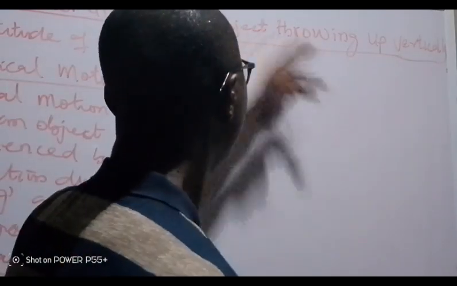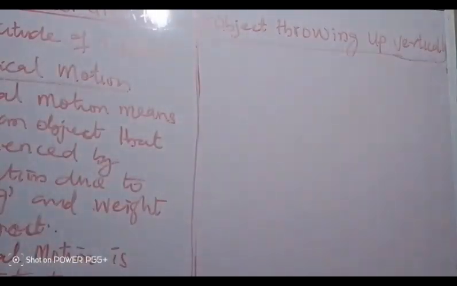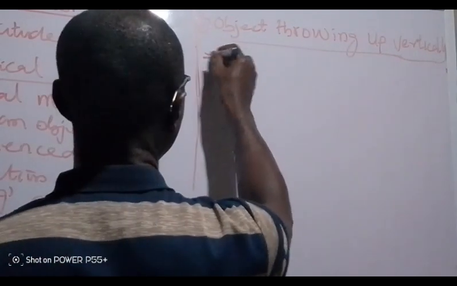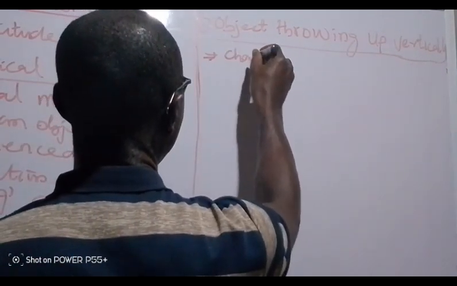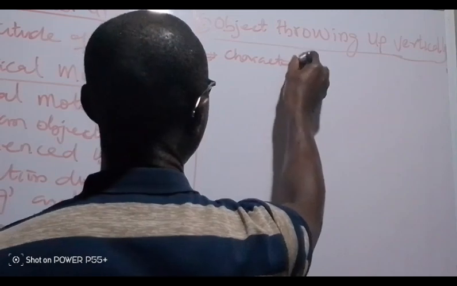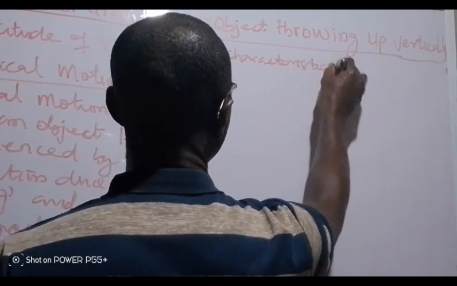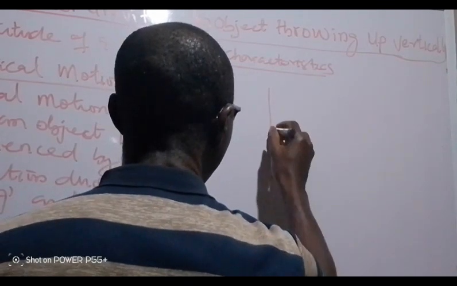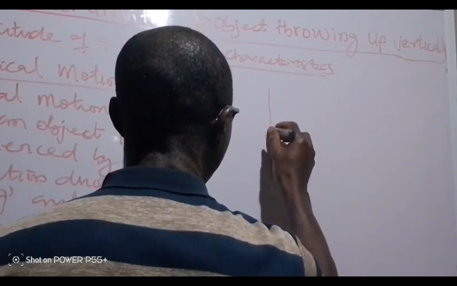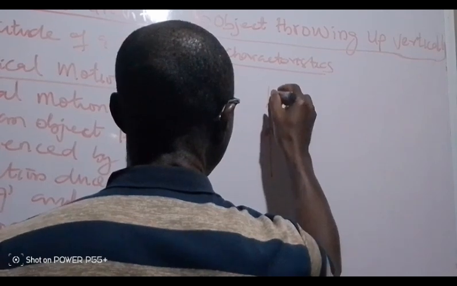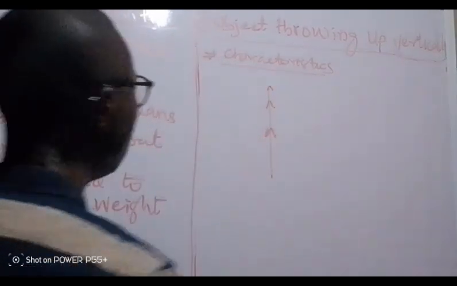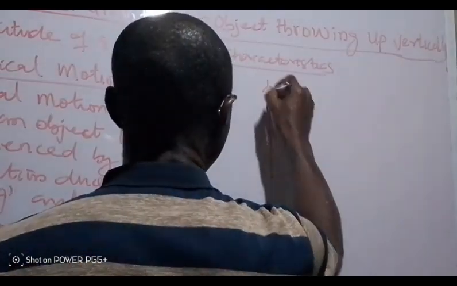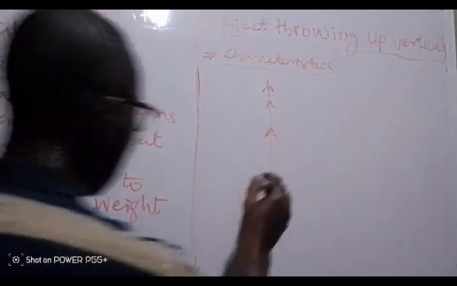Object thrown vertically upward. Then what are the characteristics of this one? That is, when you throw an object up and it's moving up, going up according to the direction, let's say this is the ground level.